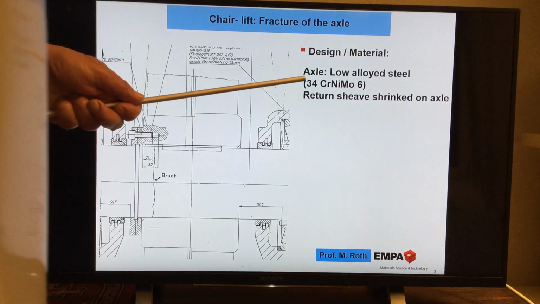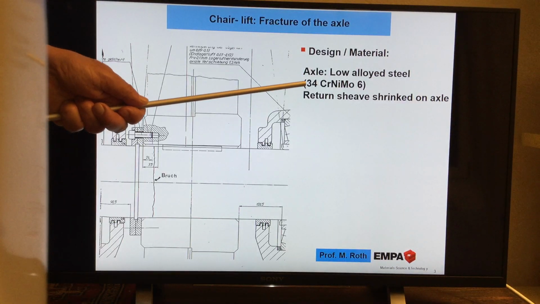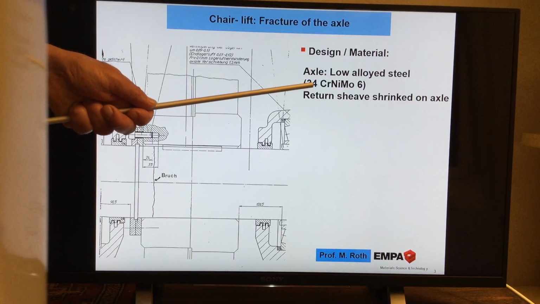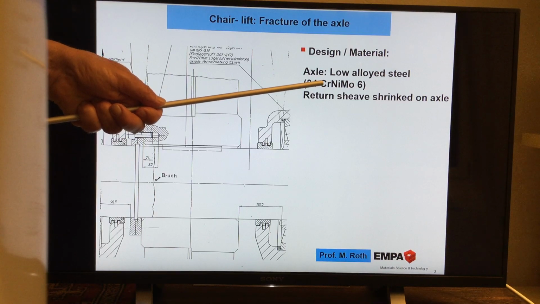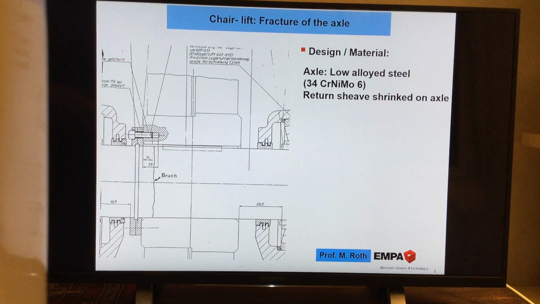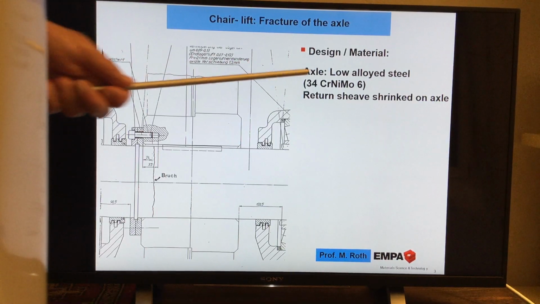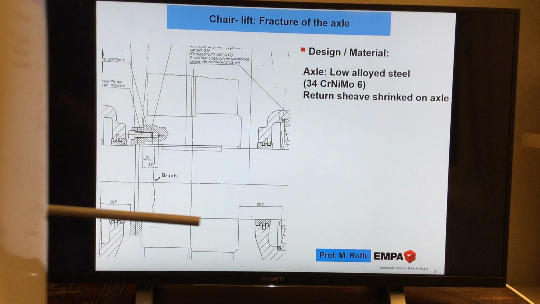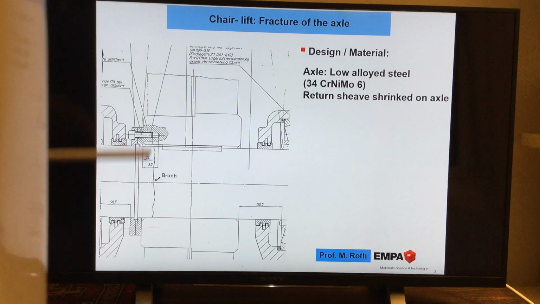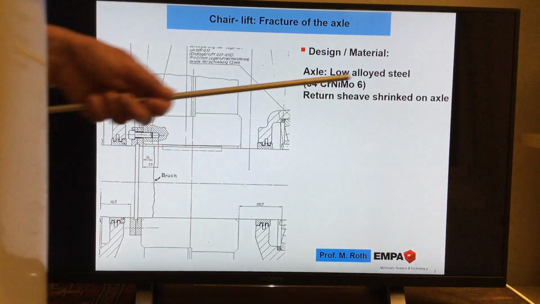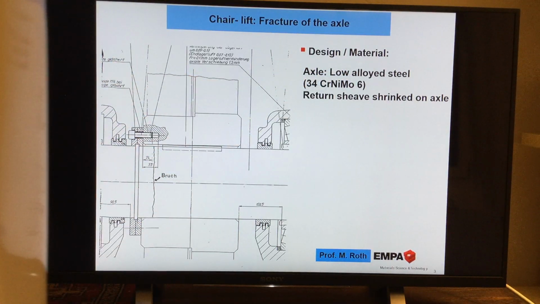It tells us it's 0.34% carbon inside. Chromium, it's not 6, it's divided by 4, so it's 1.5% chromium, and nickel and molybdenum is less than 1%. And you know, of course, the purpose of these elements is just to increase the strength of this steel. But it's a very normal steel, this low alloyed steel, it's not very complicated.